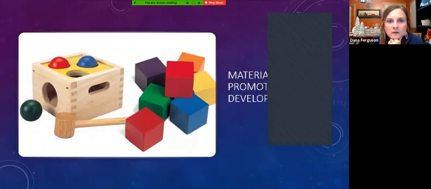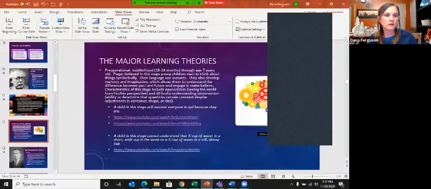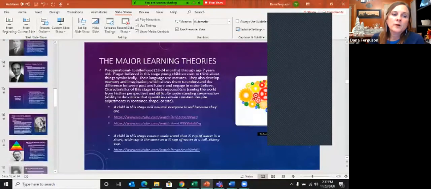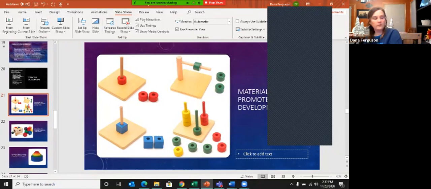Okay. This is crazy. This is not working right. I want you to look at the material, and then decide where you think it fits in the Missouri Early Learning Standards, and tell me where you think it fits. If you would like to share that, just unmute yourself.